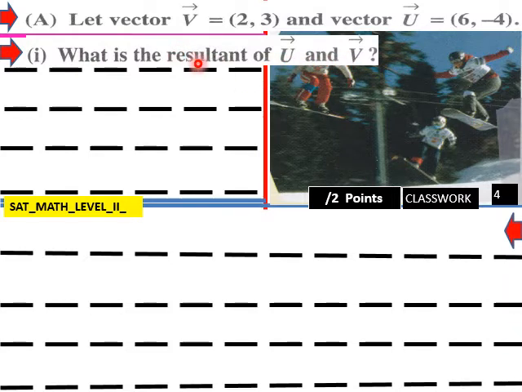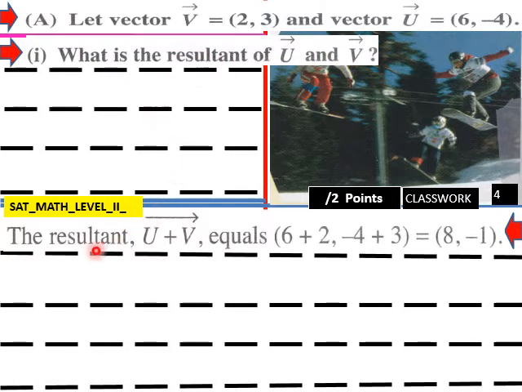The resultant of u plus v equals 6 plus 2, negative 4 plus 3, which equals 8 and negative 1. So there's a lot of terminology here that you need to know. The resultant just means that you add common elements of each vector.